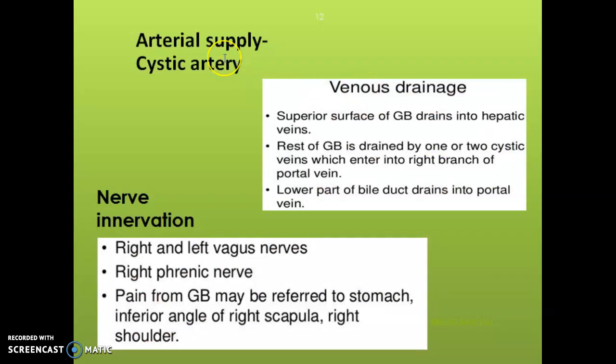Next is the arterial supply of the gallbladder, which is mainly through the cystic artery. Other arteries are also there, but the main artery is the cystic artery. For venous drainage, the superior portion of the gallbladder drains into the hepatic vein, and the rest of the gallbladder drains into the portal vein.